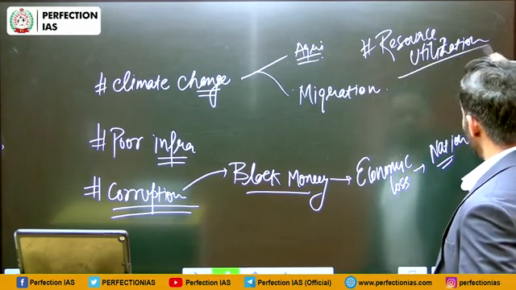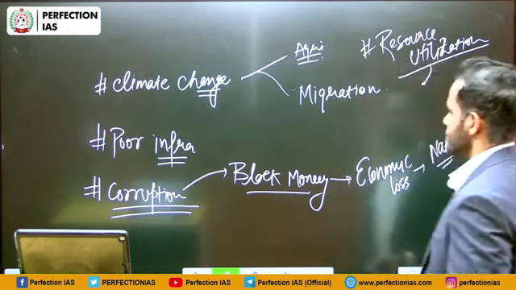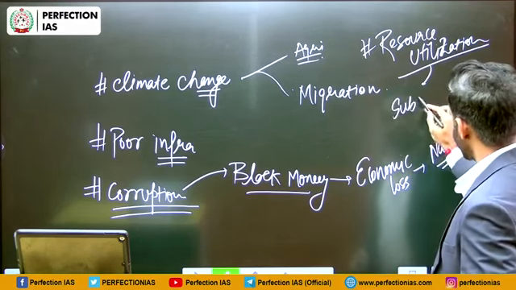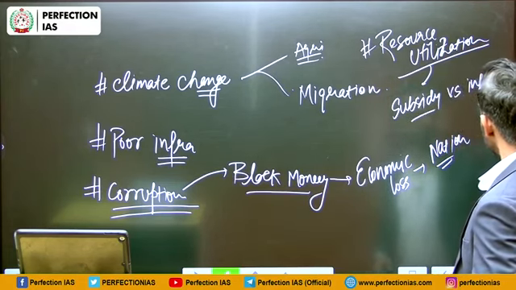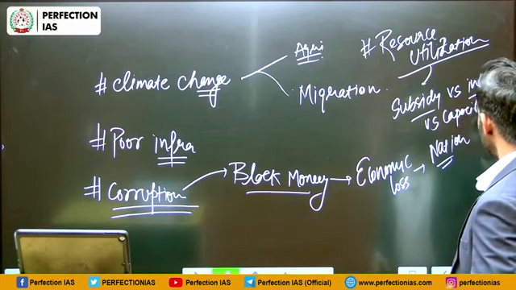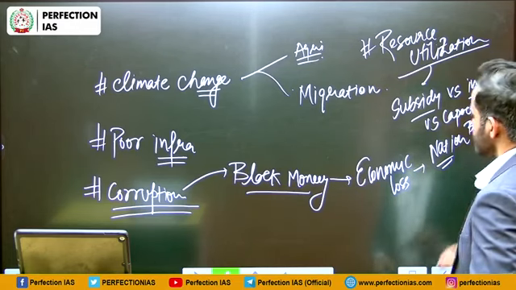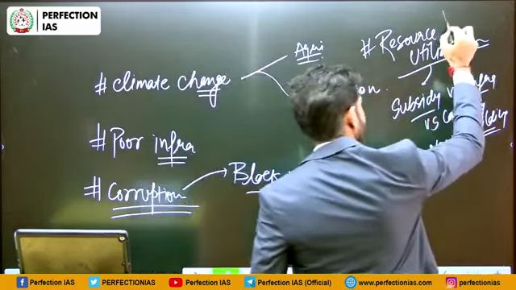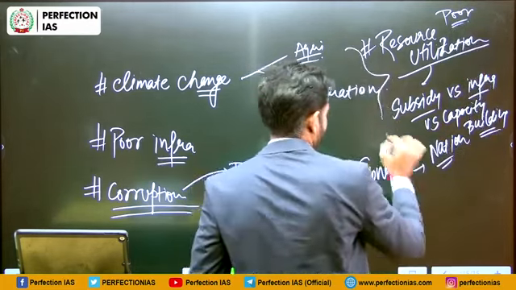For example, the government have limited resources. So these resources should be used for, say, subsidies or they should be used for infrastructure or for capacity building. So this is another challenge in front of the government, and in case of poor resource utilization, it will be a problem for the country.